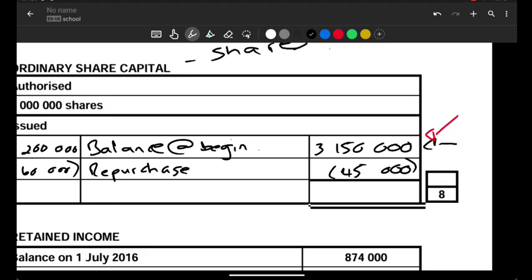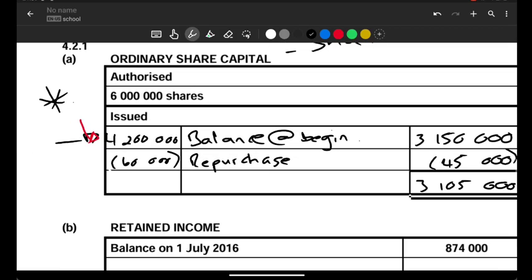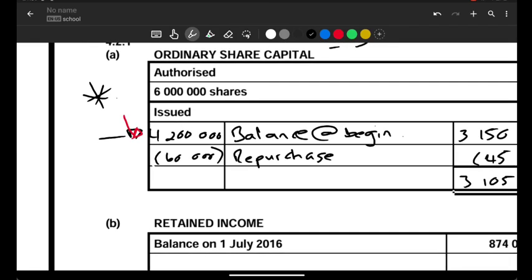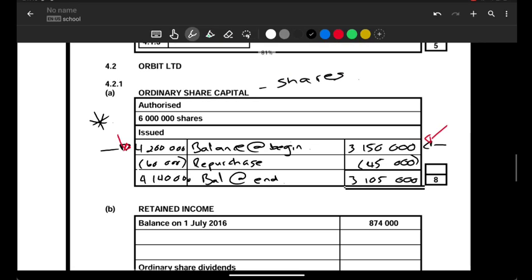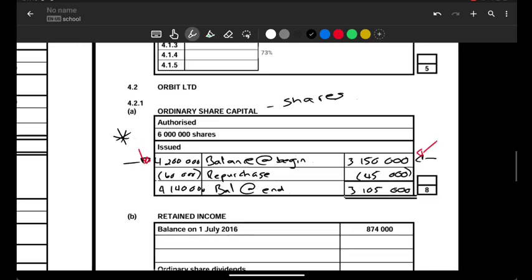Therefore, we have a balance at the end of 3,105,000 rand, and that side we have how many shares in issue? 4,140,000 shares in issue. And then here your description can be balance at the end, or you can just say balance at the specific date. But that is how you do your ordinary share capital, right?